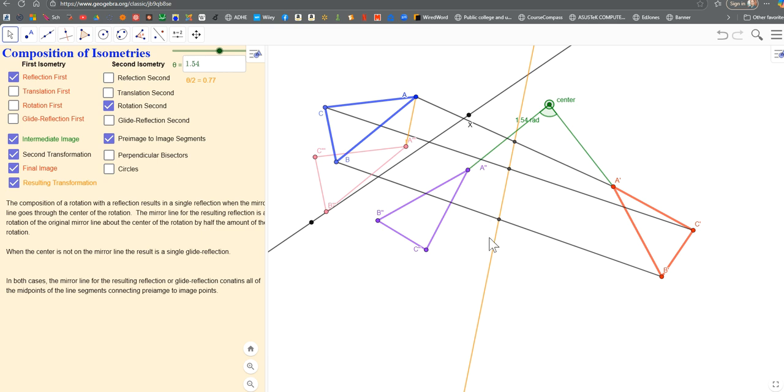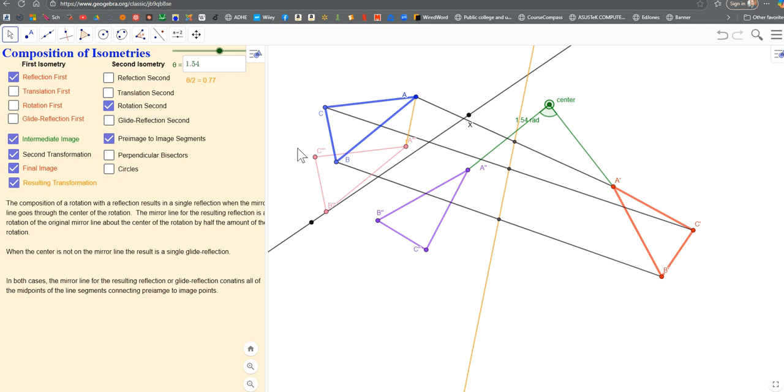Now notice this shouldn't have been too much of a surprise to us. We've looked at this earlier. A reflection followed by a reflection, that's two reflections. We know that's going to be ultimately either a rotation or the identity or a translation. A translation is two reflections, and a reflection first and then a translation is essentially three reflections.